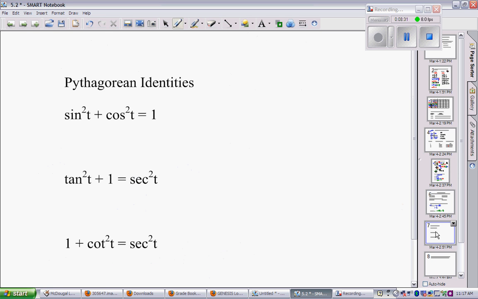So using the trigonometric functions, we come up with the Pythagorean identities. The main one uses sine squared of t plus cosine squared of t gives us 1. When we divide all of these terms by sine squared t, oops, I'm sorry, I was on the wrong one.